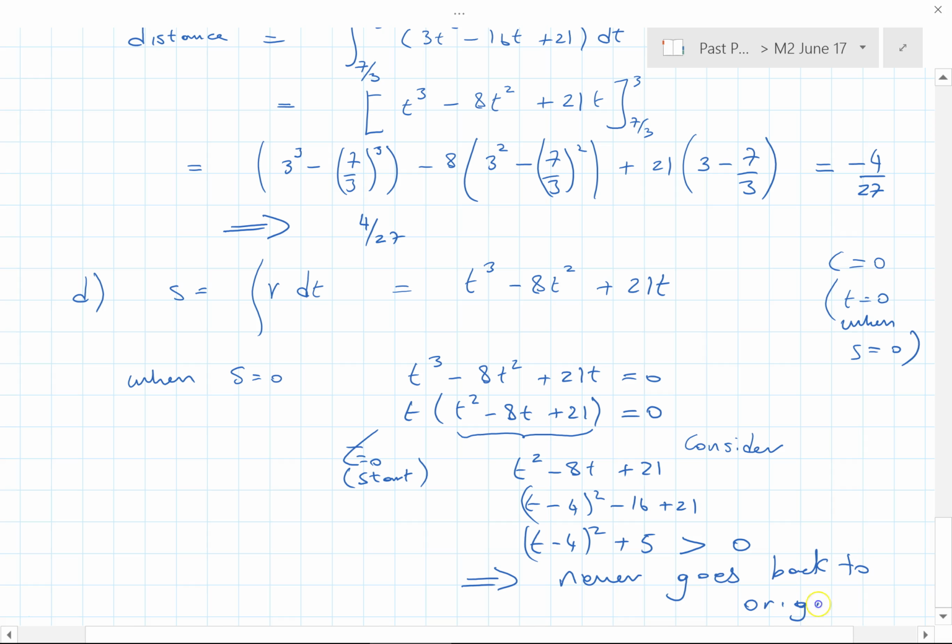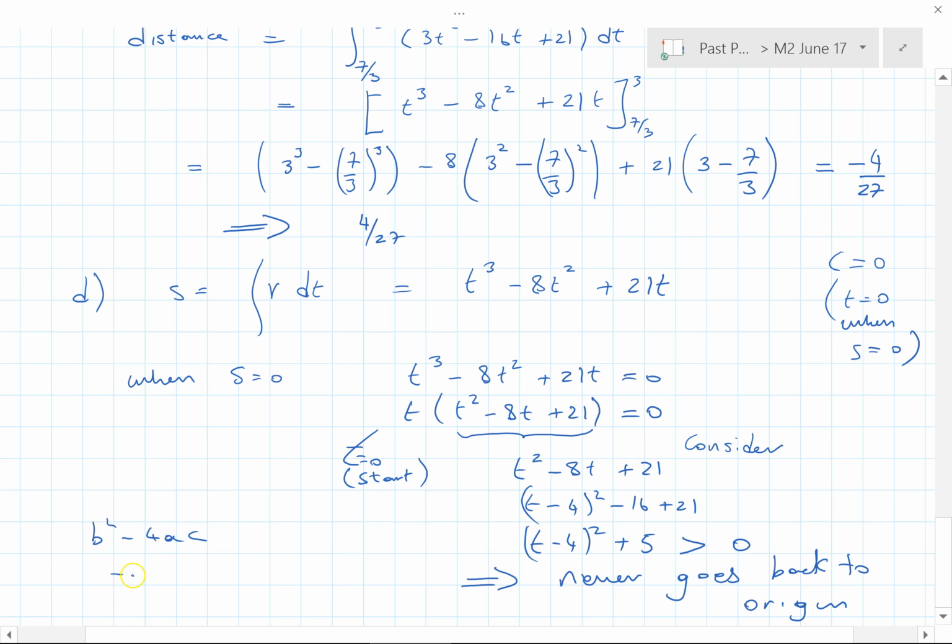But we can use the discriminant as well. For those who say it doesn't say that in the mark scheme, it does say 'or equivalent'. I just wanted it to be different. But the discriminant's fine. Basically, b squared minus 4ac.